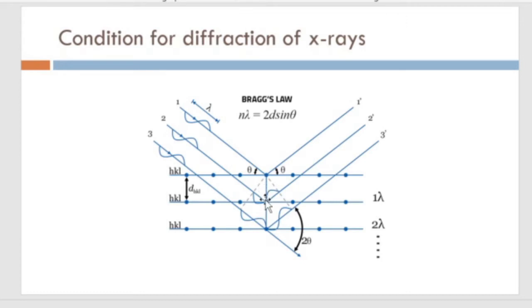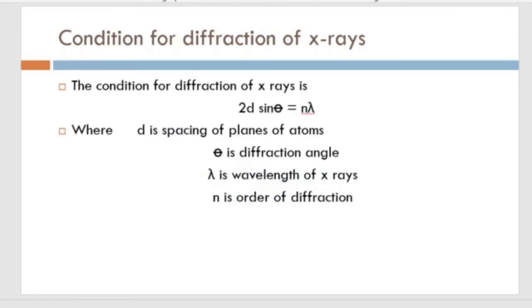The atoms absorb the energy and re-emit it in a particular direction, which is shown here. This is called reflection. Whenever this condition is satisfied, only then does X-ray diffraction occur. So the condition for diffraction of X-rays must be satisfied.